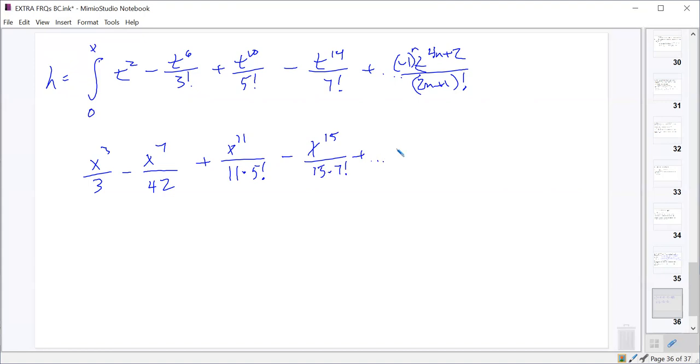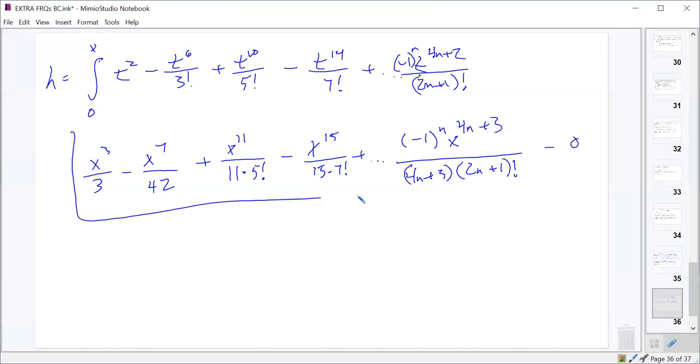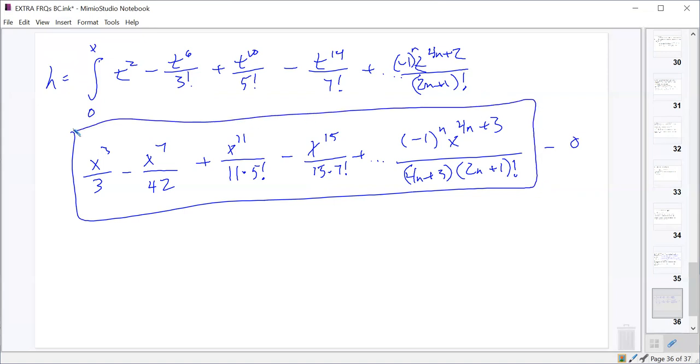And the general term should be negative 1 to the n, x to the 4n plus 3 over 4n plus 3 times 2n plus 1 factorial. And then when we evaluate all of the integrals of this at 0, it is just 0, right? And so this is our 4 non-zero terms and our general term.